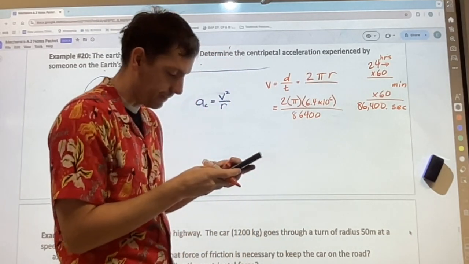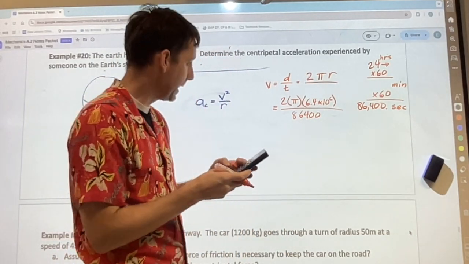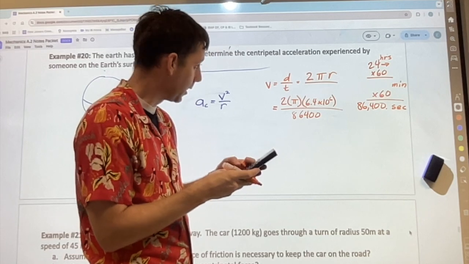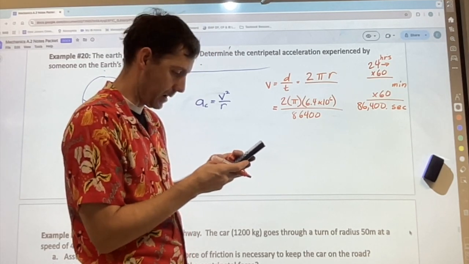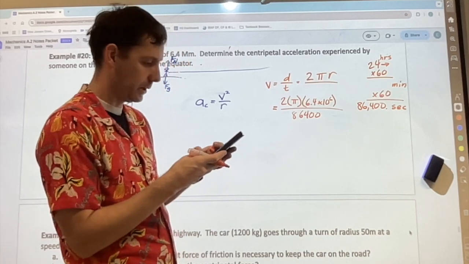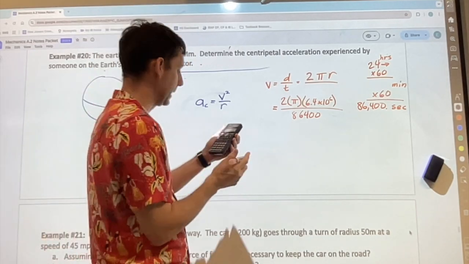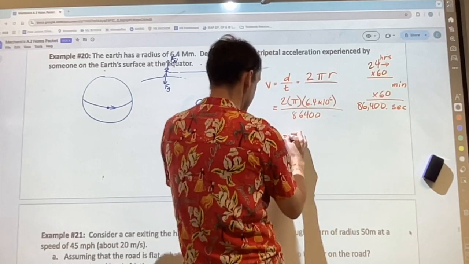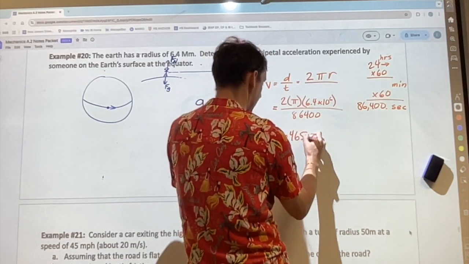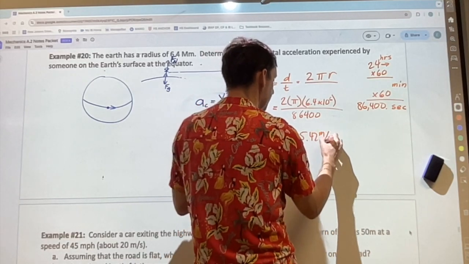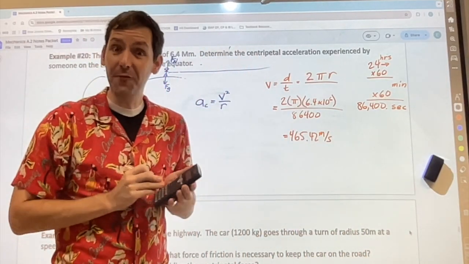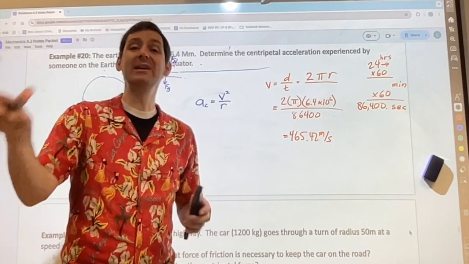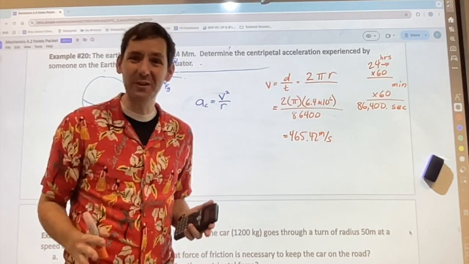So let's do that. 2 times pi times 6.4 e to the 6, and then I'm going to divide that by 86400, and I get that my V is 465.42 meters per second. Holy smokes, really? Yeah, that's how fast you are traveling in a circle around the center of the Earth.